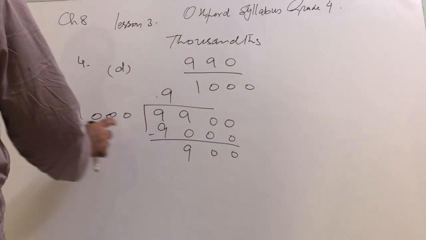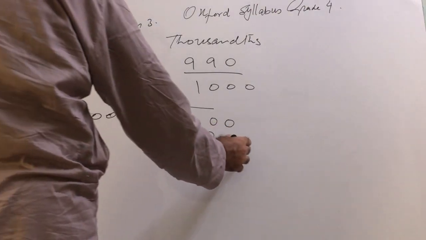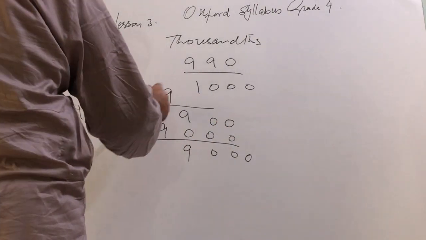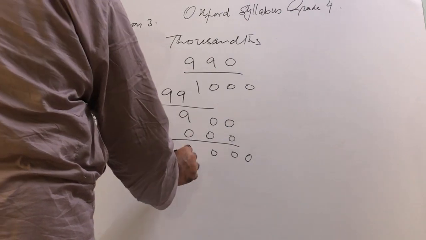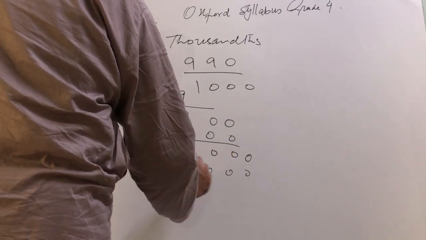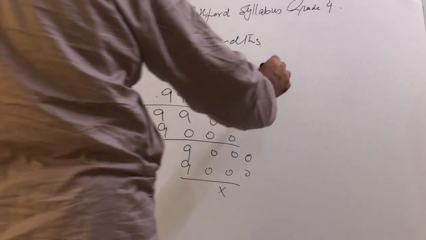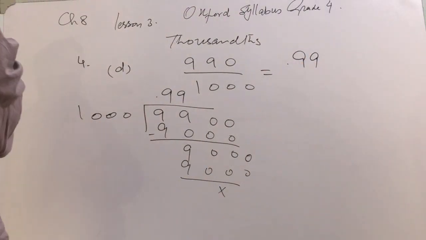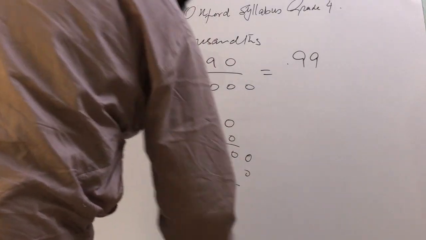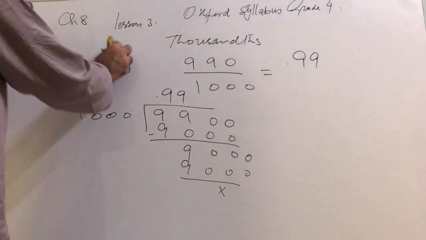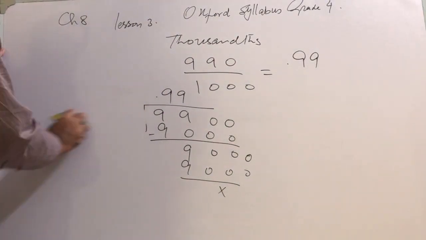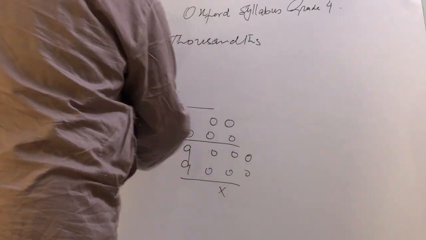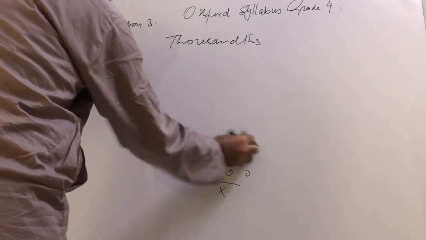Now this is smaller than this, we cannot divide, we need to put 0 here, but there will be no effect here, no change here. Just multiply 1000 with 9 and you get 9000. So the remainder is 0. So the answer is 0.99. So this is the answer for this part, that we have converted this fraction into decimal form.